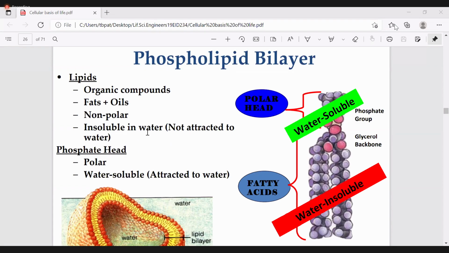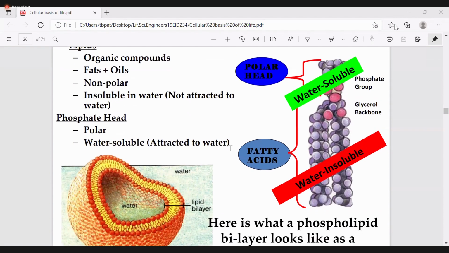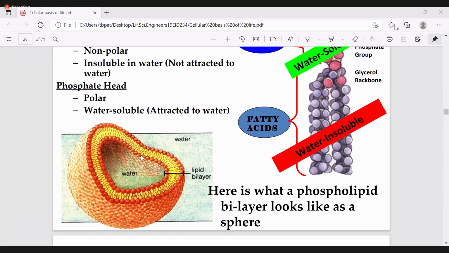The phosphate head is polar, water soluble, and attracted towards the water. The phosphate group and the glycerol backbone are inside and outside of the cell membranes. Through hydrophilic and hydrophobic parts, these bilayers separate.